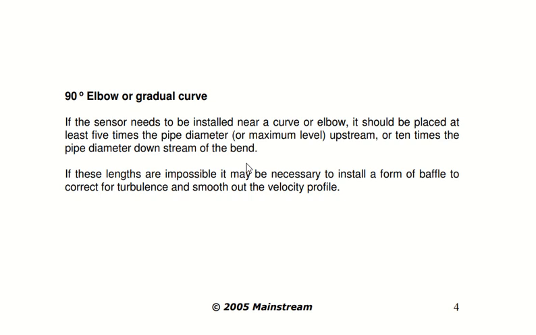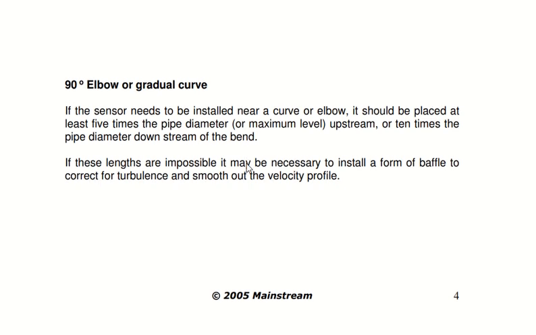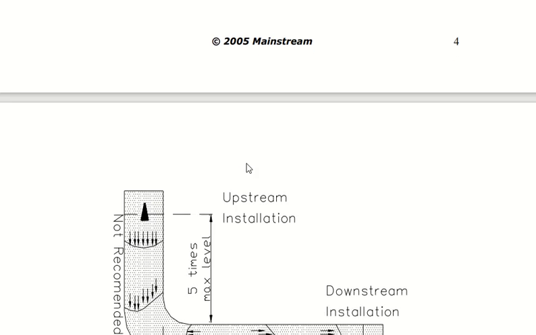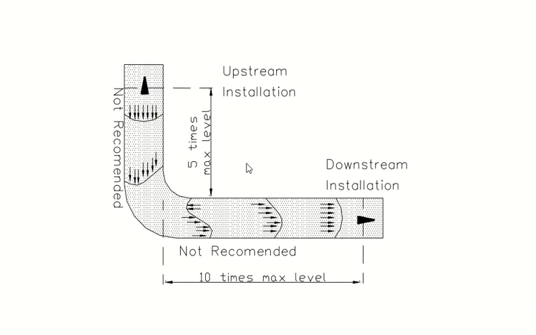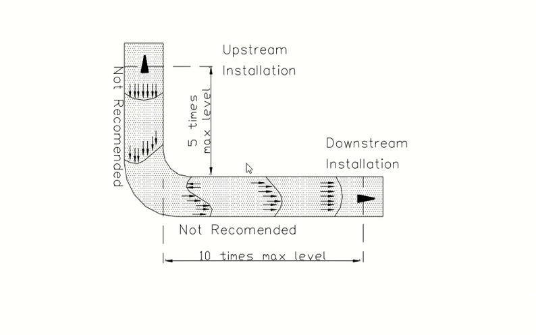If these lengths are impossible, it may be necessary to install a form of baffle to correct for turbulence and smooth out the velocity profile. This is how a 90-degree elbow or gradual curve looks like.